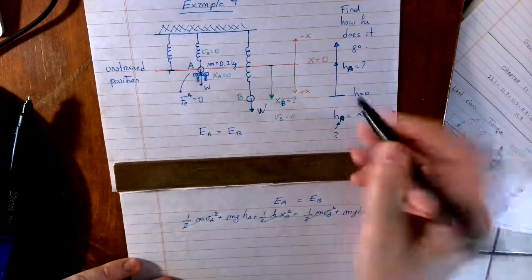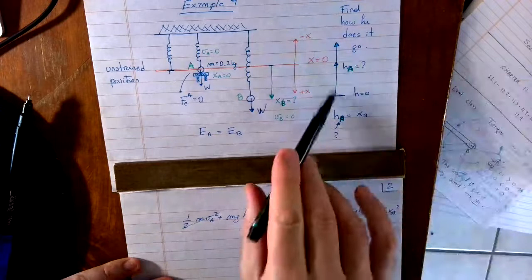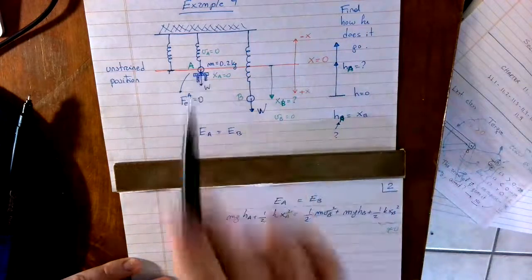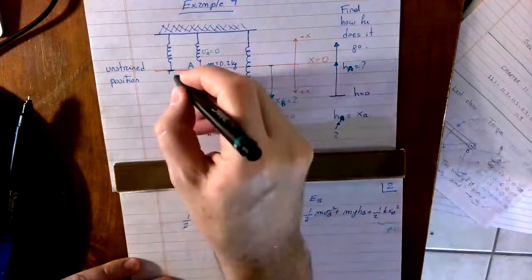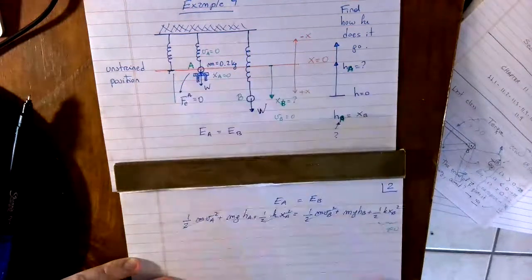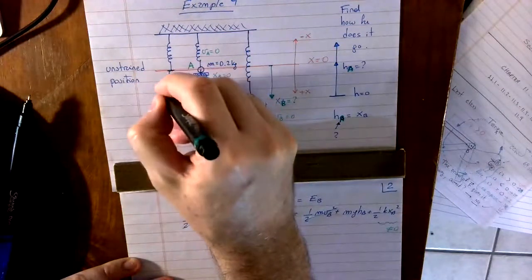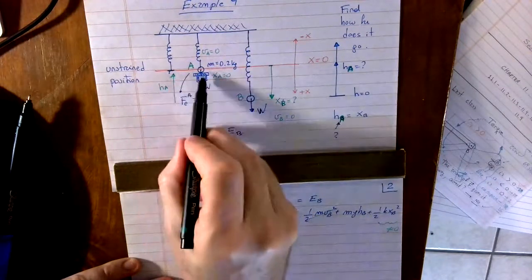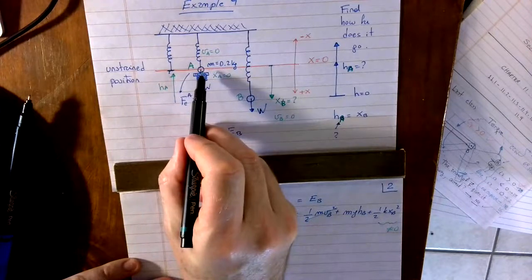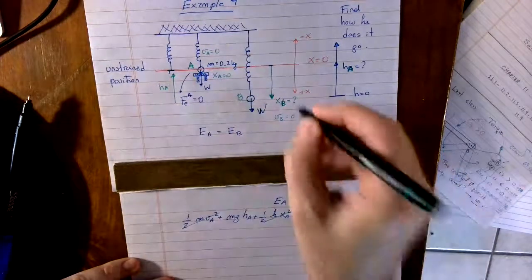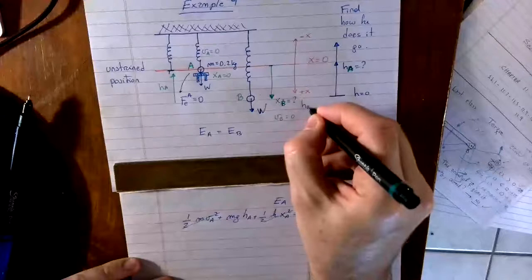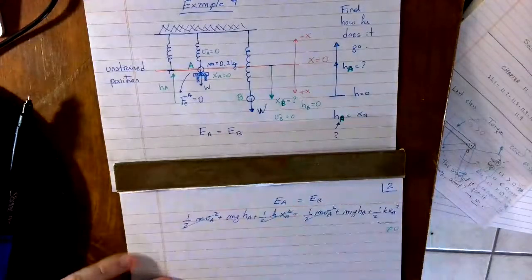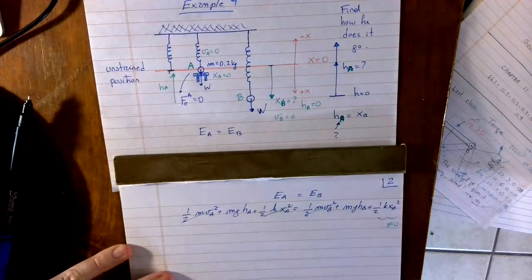This is HA, so this is the position, right? It's this position here, from the bottom to the initial position, that's what we call H. Exactly. HB is 0. HB, which is the final position, is the one that is 0.